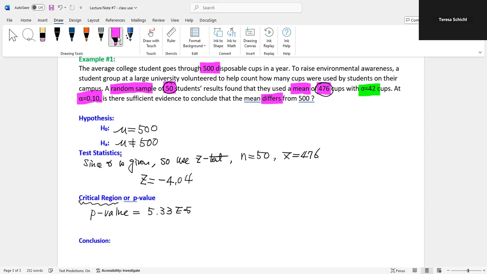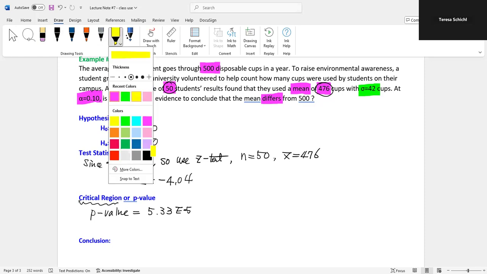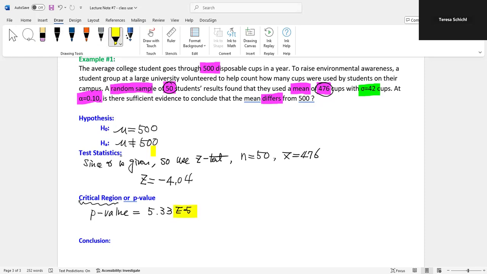Some people might wonder, what the heck is this, right? So e to the negative 5 is scientific notation. Basically that means here's my p-value, 5.33, and you move the decimal point 5 positions. So here's my decimal point: 1, 2, 3, 4, 5.